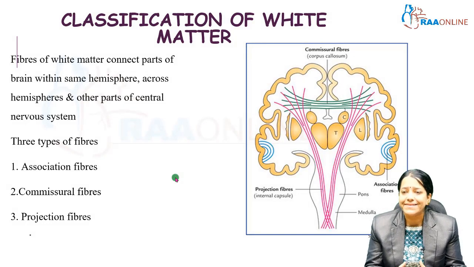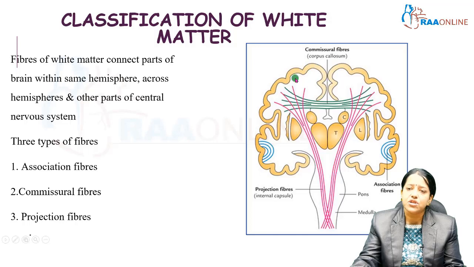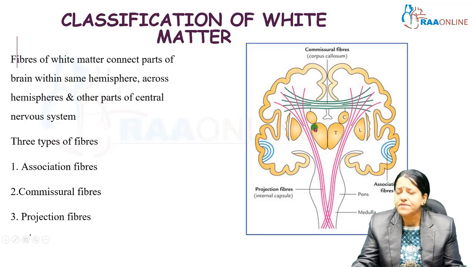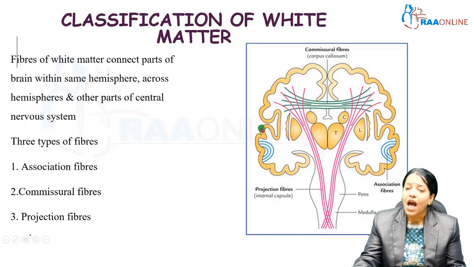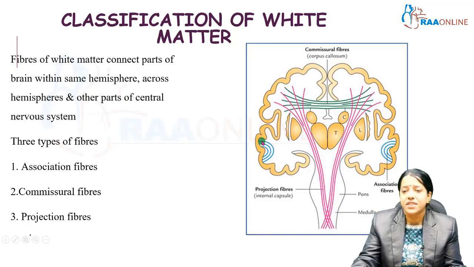Now coming to a basic classification of white matter. You can see over here these are the two halves of the cortex, and they are connected with each other by some white matter. The depressions are the sulci, and the elevations are called the gyri of the cerebrum, and they are connected.